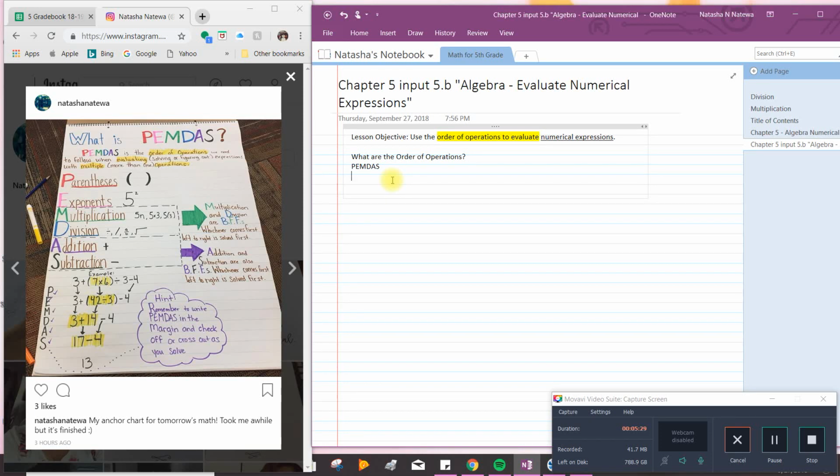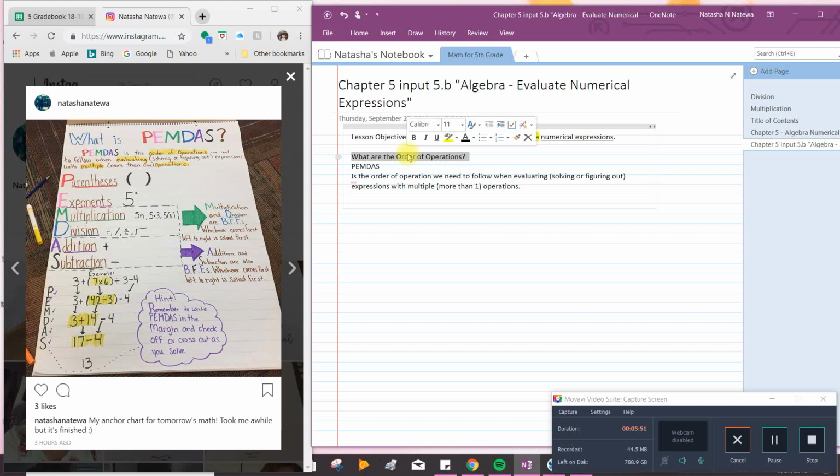So PEMDAS is the order of operations we need to follow when evaluating or solving or figuring out expressions with multiple, more than one operations. I'm going to write that right here, so I'm going to pause it real quick. Okay, so what are the order of operations?